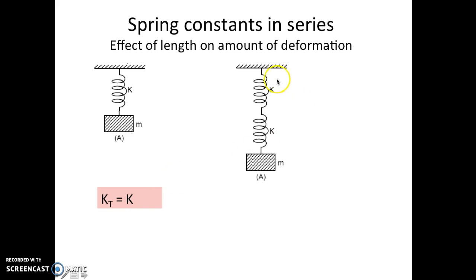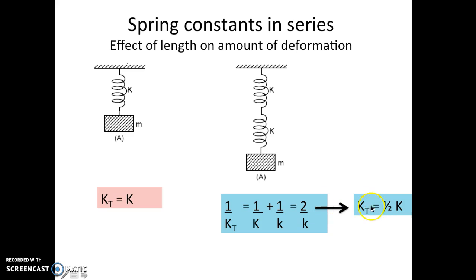If I now take two springs and put them in series, so I've got two springs with the same spring constant in series with a mass applied to them, you should know from this week that 1 over the spring constant will actually be equal to 1 over the spring constant of the first spring plus 1 over the spring constant of the second spring, which simple math tells us is 2 over that spring constant, which we can rearrange to see that the spring constant in total is therefore half the spring constant of one of those springs.